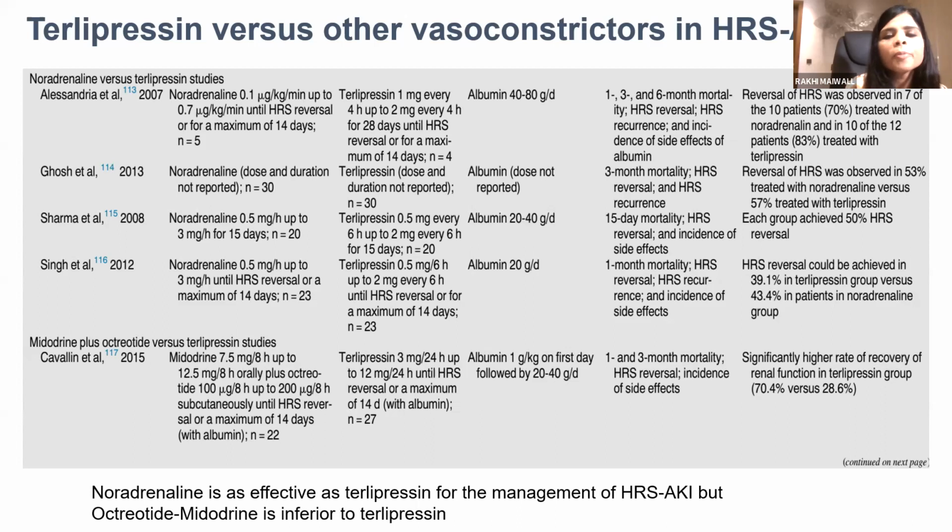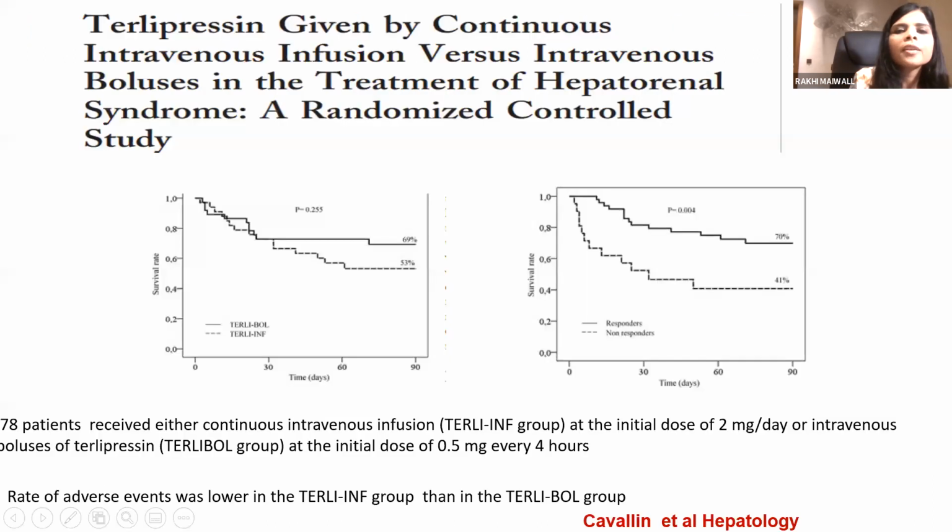However, the European group of investigators had to stop the trial prematurely because octreotide and midodrine in AKI HRS has very inferior efficacy as compared to terlipressin. So when we have a choice of all 3 vasoconstrictors, terlipressin remains the first choice, followed by norepinephrine, and octreotide and midodrine only if there are contraindications to either of these drugs.